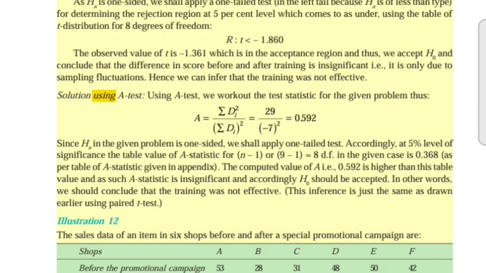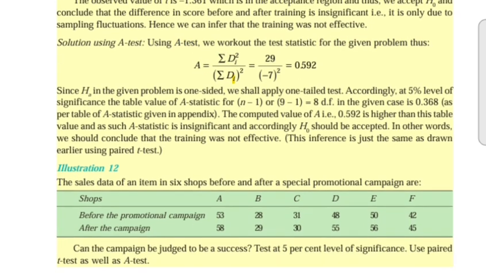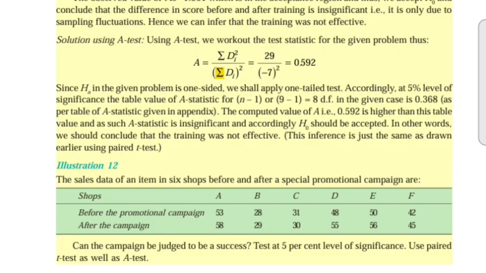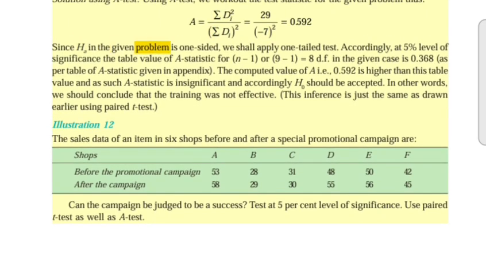Solution using the A-test. Using the A-test, we work out the test statistic for the given problem thus: A = Σdi²/(Σdi)² = 0.592. Since Ha in the given problem is one-sided, we shall apply a one-tailed test.